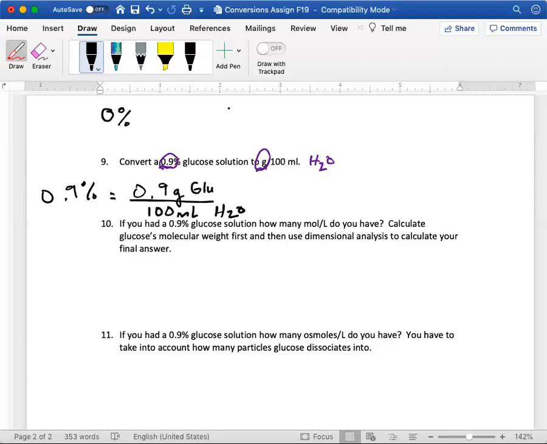So I want you guys to do these so that you understand the grams per mils, or how many particles are in each. 0% solution, 0.5% solution, 0.9 is right there.